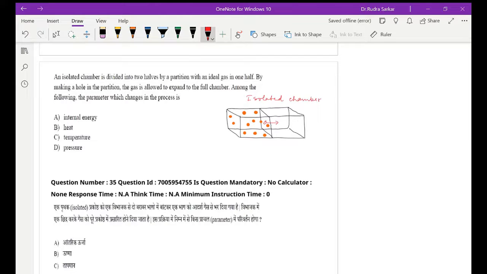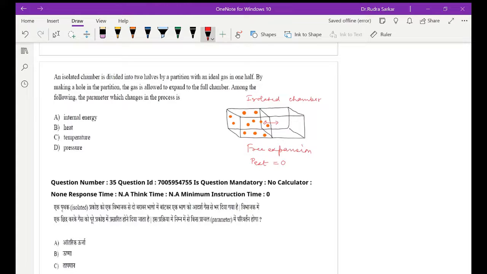So this type of expansion is basically a case of free expansion, which means the P external over here is 0.